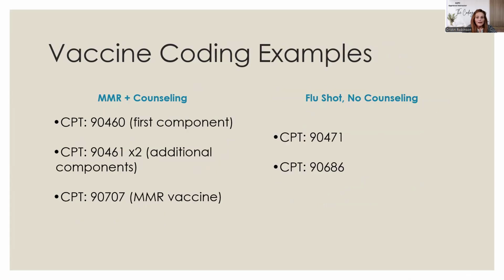Some vaccine coding examples: MMR plus the counseling, CPT code 90460 for the first component, and CPT code 90461 times 2 units for the additional 2 components, and CPT code 90707 for the MMR vaccine itself.